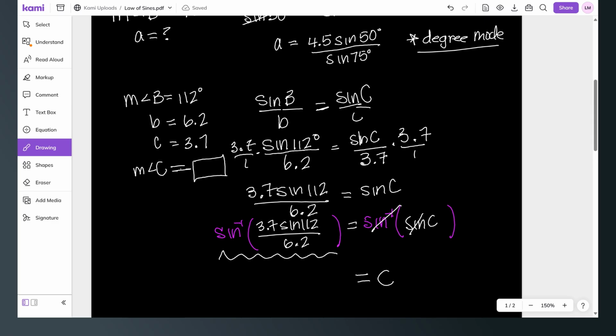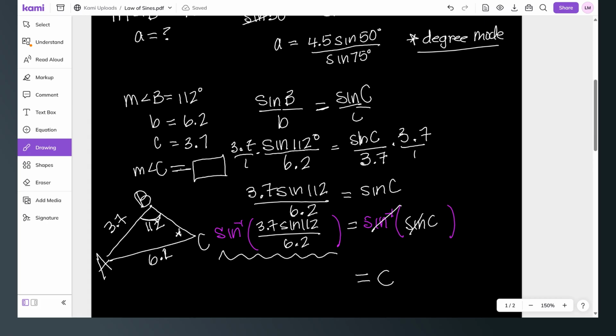Just a reminder, I'm going to draw this triangle real quick. A, B, C, we had the measure of angle B was 112, 6.2 for the side opposite, and 3.7, and we were looking for this angle. So we had side, side, angle, and when I have side, side, angle, I'm looking for the missing angle.